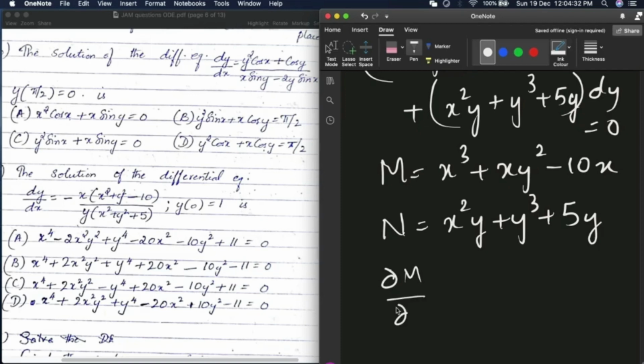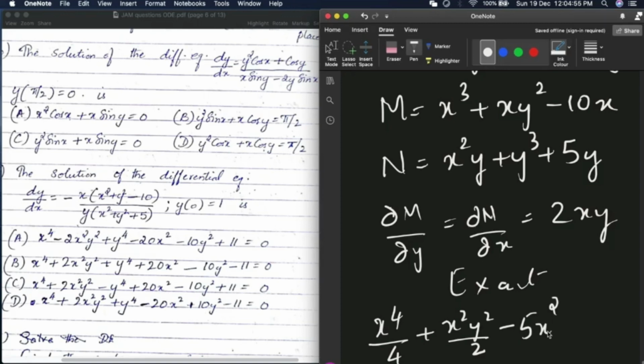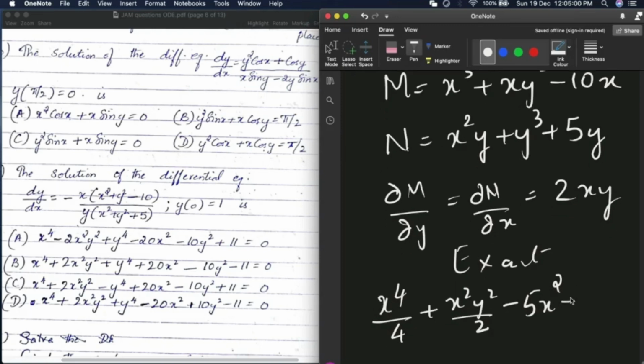Dou m by dou y and dou n by dou x both are 2xy. So exact. Exact means it's done. So your solution is x raised to 4 by 4 plus x square y square by 2 minus 5x square. From here you have to take only the terms which are independent of x, so that is y raised to 4 by 4 plus 5y square by 2 is equal to c.